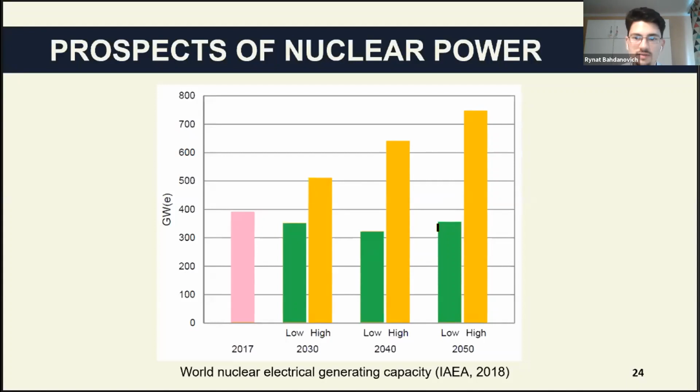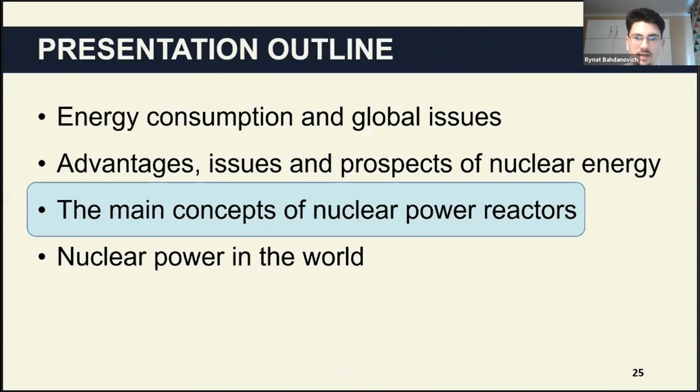The share of nuclear in world total electrical capacity is about 3% in the low case and about 6% in the high case by the middle of the century. The next topic I would like to speak about is the main concept of nuclear power reactors.